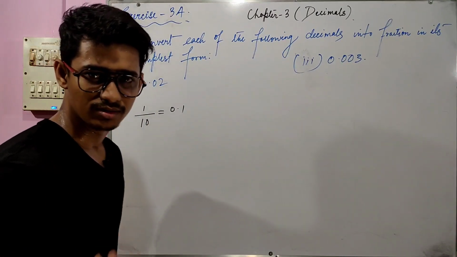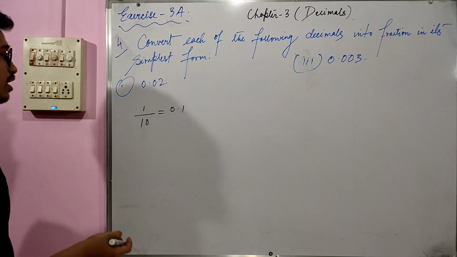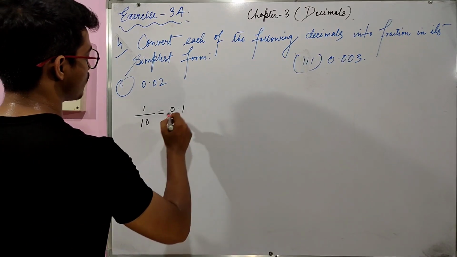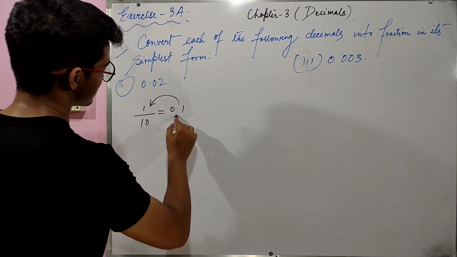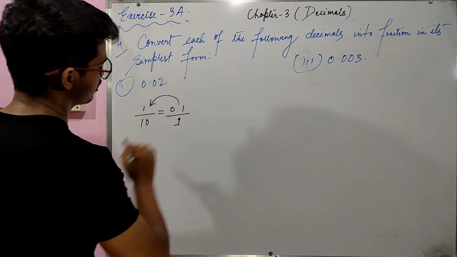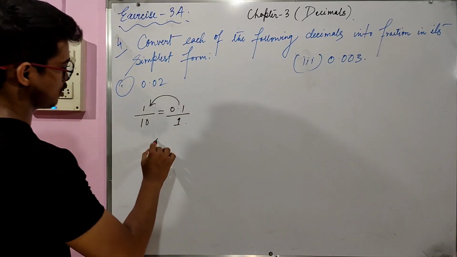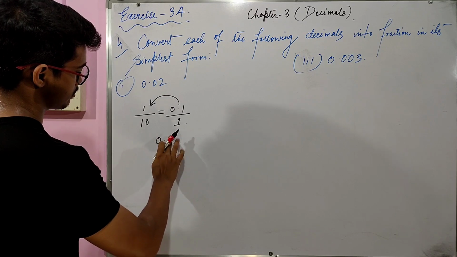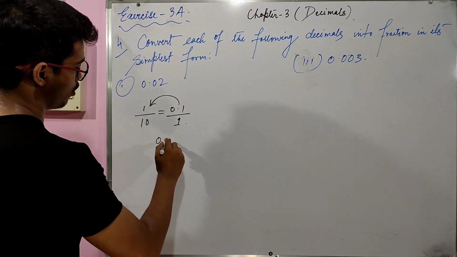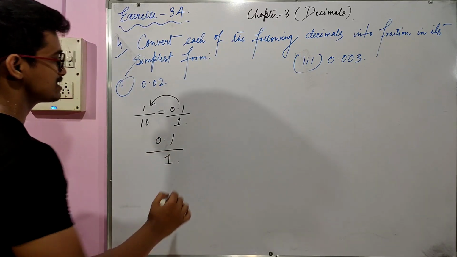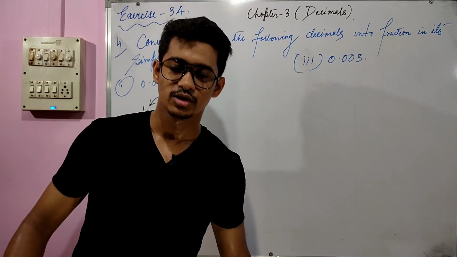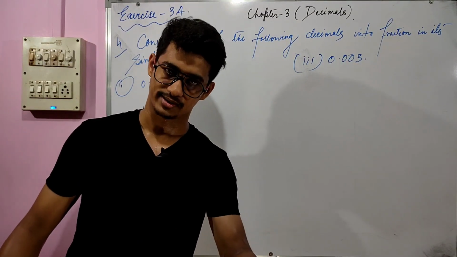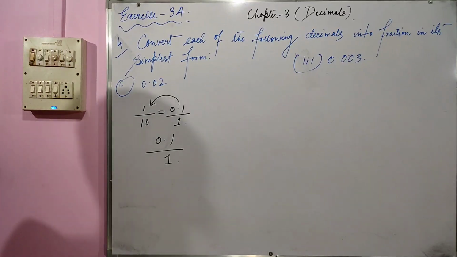Basically by showing the division, which I have shown you. If I want to go in the backward direction, the denominator is 1, so 0.1 by 1, because for any number where the denominator is not given, the denominator will be 1.